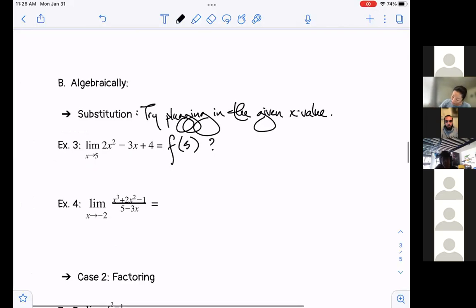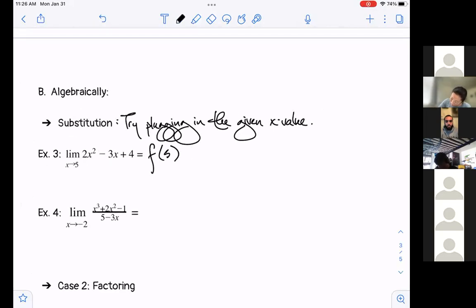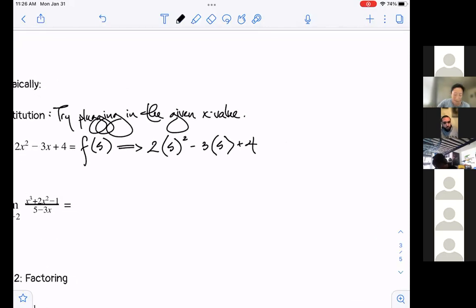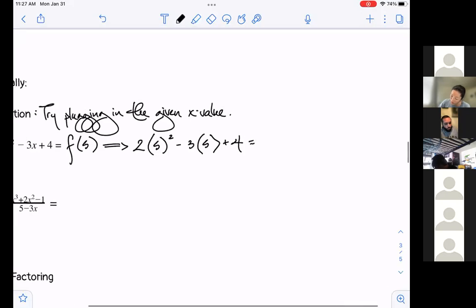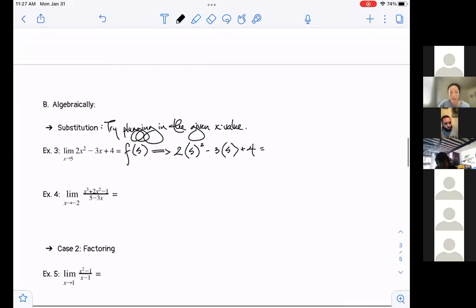So let's plug in 5. And we'll get 2 times 5 squared minus 3 times 5 plus 4. Do a little bit of mental math. I feel like the further I go in math, the worse my mental math gets, but let's just give it a go. What do I do first here?